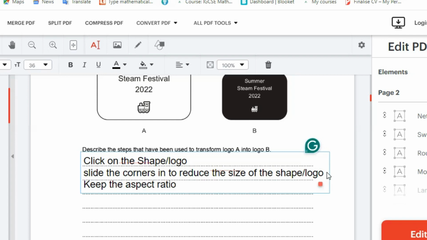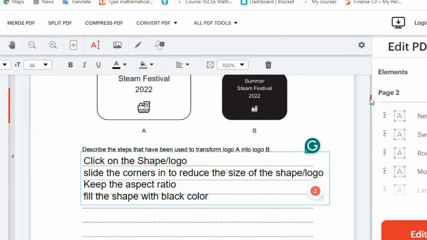Yes, what else can we do? Fill in the shape. Fill the shape with black color.